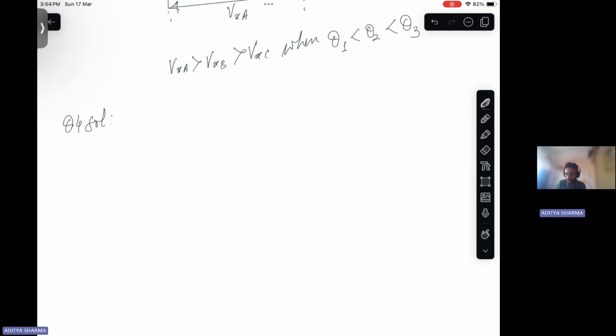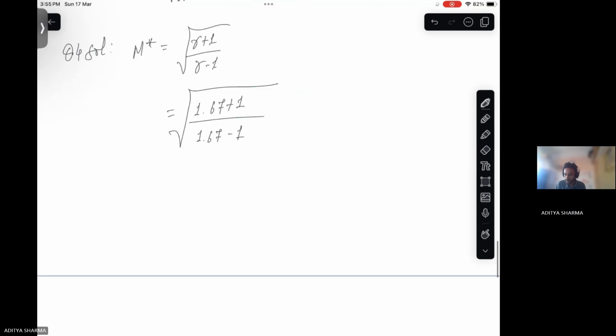So M star equals the square root of (gamma plus 1) over (gamma minus 1). What is gamma? Gamma is 1.67, right? Plus 1 becomes 2.67, divided by 0.67.